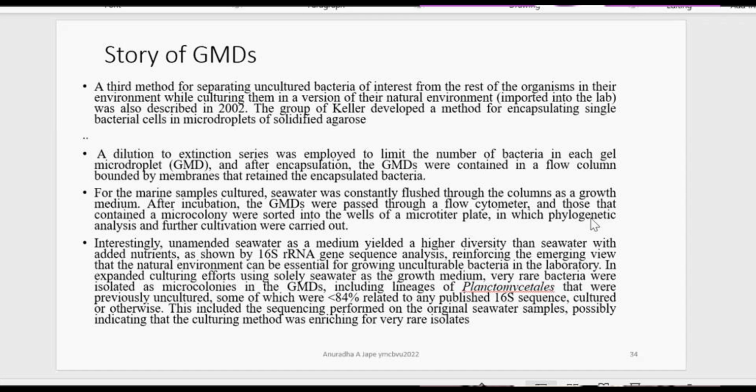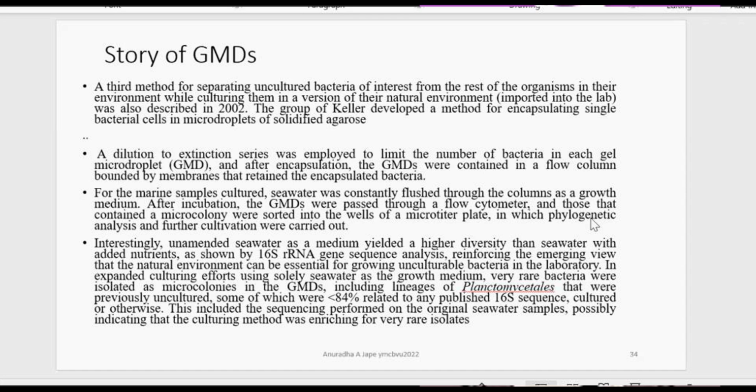And those which are not growing under artificial laboratory conditions are to be explored, are to be grown under laboratory conditions. Various approaches to facilitate the growth of these once unculturable bacteria is a challenge, but various approaches to that we are discussing.